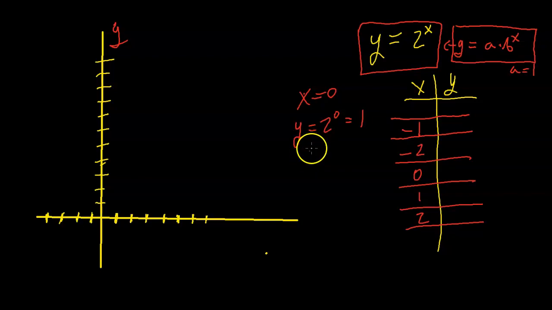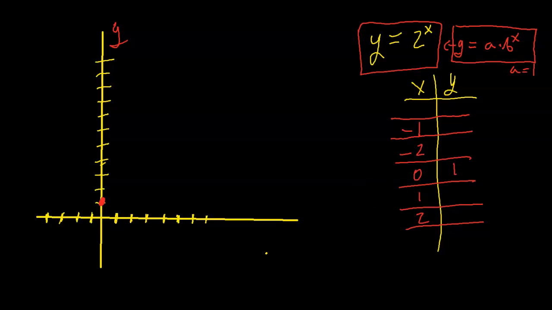Okay, so that means we have a point 0, comma 1. So at x equals 0, we're going to have our value on the y-axis be equal to 1. So let's create that point right there. All right, very good.